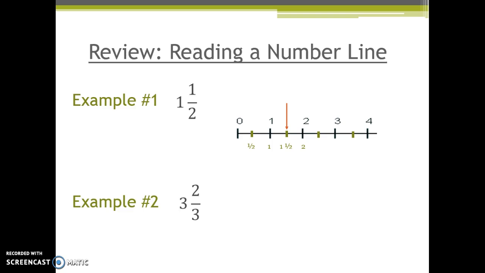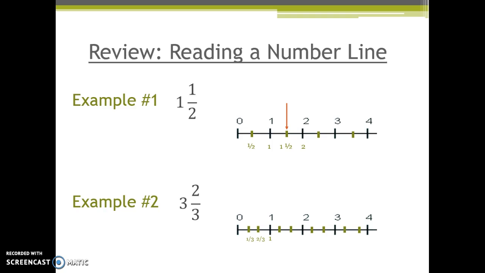Okay, let's look at another example. In this example, we're going to have 2 2/3. Now again, we have the same number line going to 4, and I'm going to put 2 tick marks in between the whole numbers. Now a lot of times students ask me, don't I need 3 tick marks because my denominator is 3? But if you look at it, you can see that you have 0, 1/3, 2/3, and then the number 1 is really 3/3.